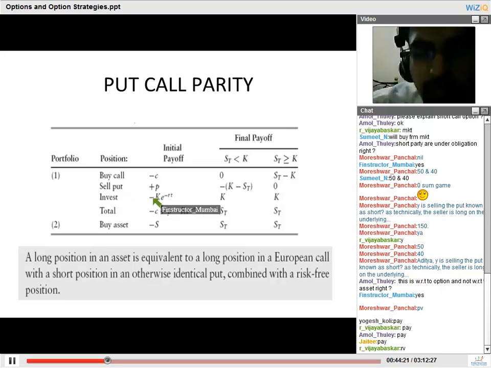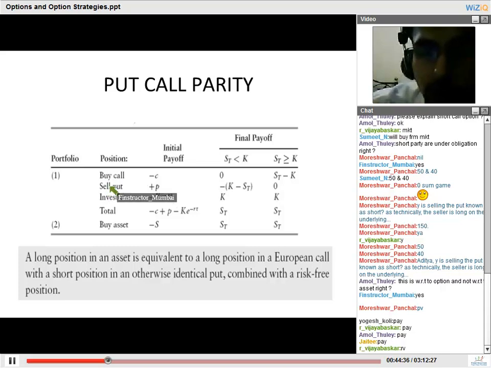If I invest K e raised to power minus RT, and don't tell me how I thought about K e raised to power minus RT, I just dreamt of it, okay? If I invest K e raised to power minus RT in a bank, it will be represented as minus K e raised to power minus RT.